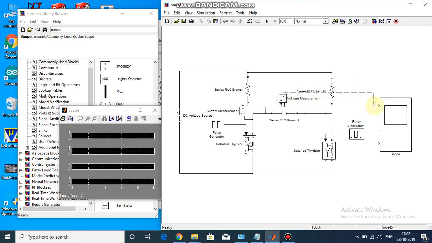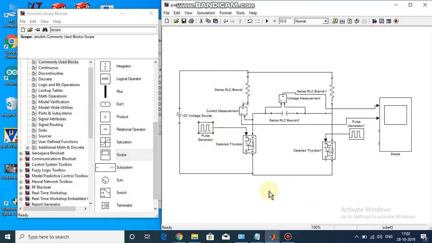And our capacitor voltage would be here. Current would be second. And remember the order in which you're putting your current and voltages, because that's really important when you are actually looking at the graphs later.